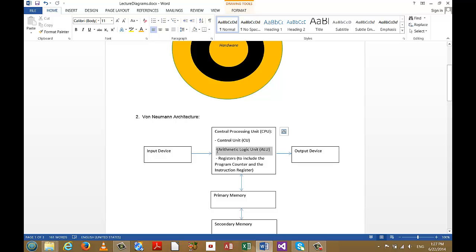Von Neumann recognized that the computer would need to do a number of computations, so he suggested that there be circuits that were designed specifically for performing the basic arithmetic operations.